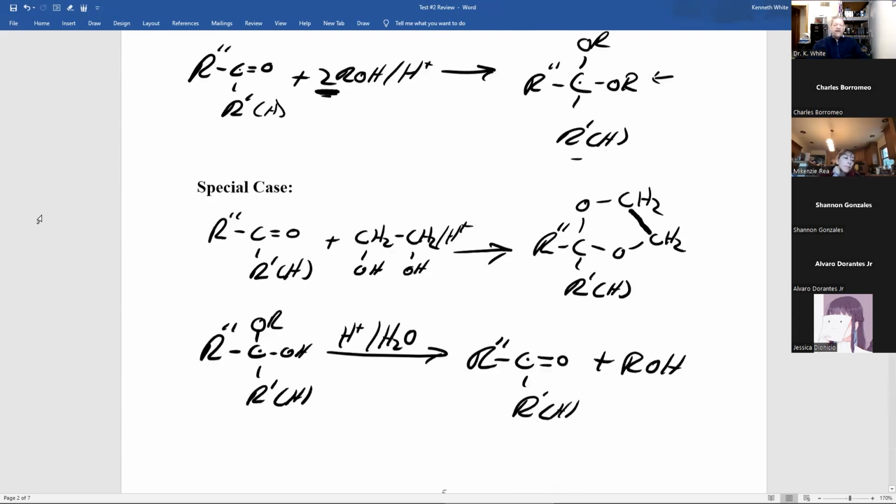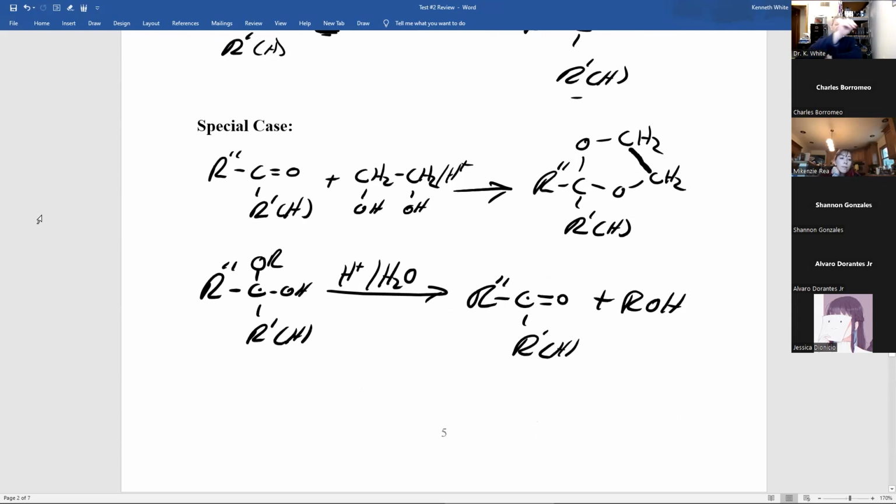Now, a special case, which I talked about: my advisor's advisor, Dr. Stork, came up with putting on a protecting group, reacting an aldehyde or ketone with ethylene glycol. And notice this has not 1, but 2 alcohols. So this is like this.